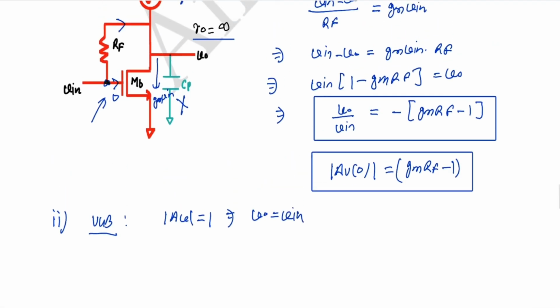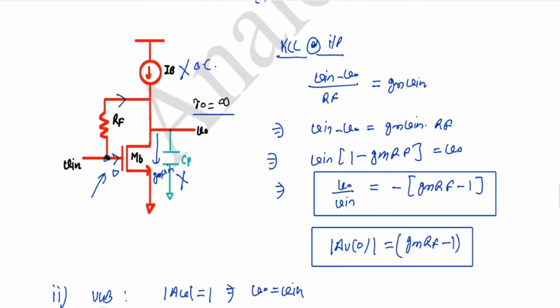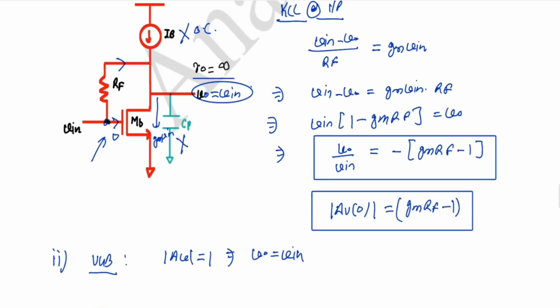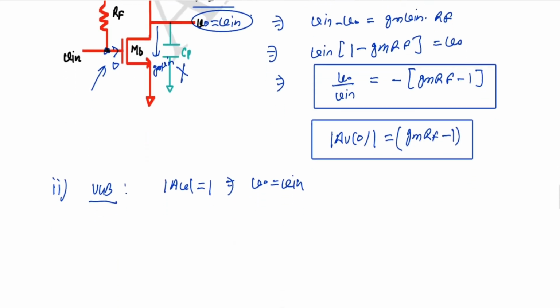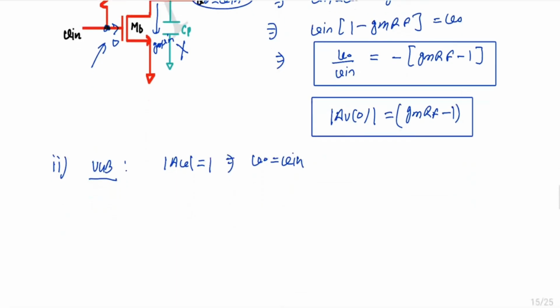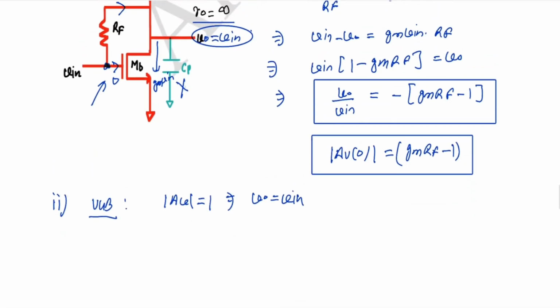So I'll simply put V naught equal to V in here, and then again do the same calculation. Now at UGB the capacitance CP will be in the picture, so that won't be open or short.